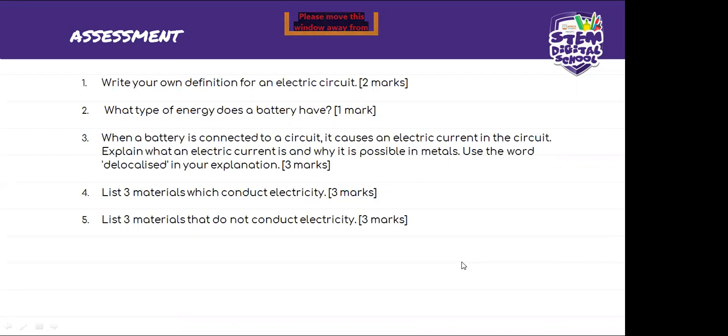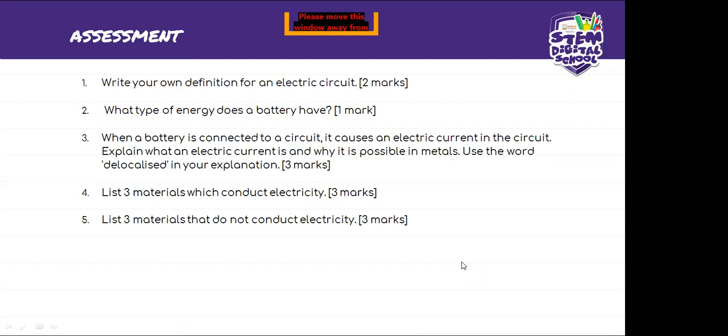Leaves, yes. Tissue, yeah, tissue, we can say it's a kind of paper. Asanda, tissue will fall under what? Insulator. Okay, wood, that's correct.